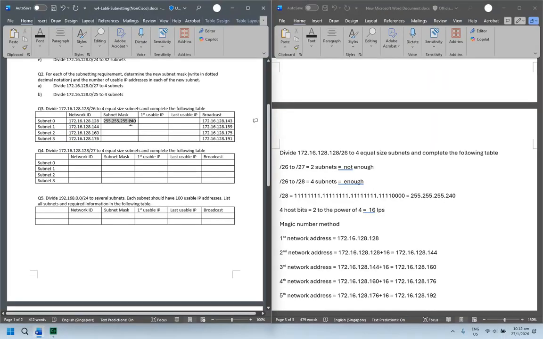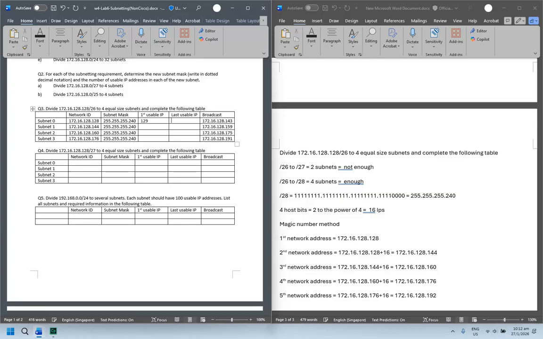Okay, so basically because we are using the fixed length subnet mask, the subnet mask will all be the same. Okay, and based on understanding, if we have our network address and we have a broadcast address, very simple.